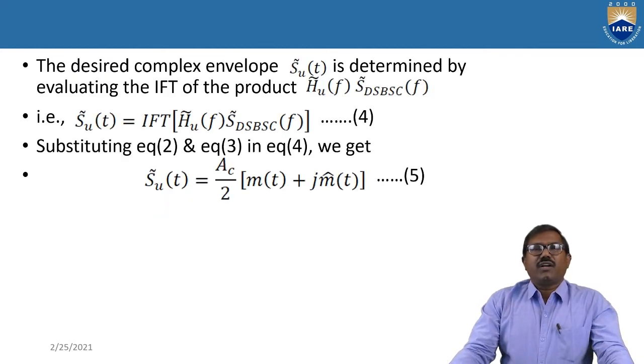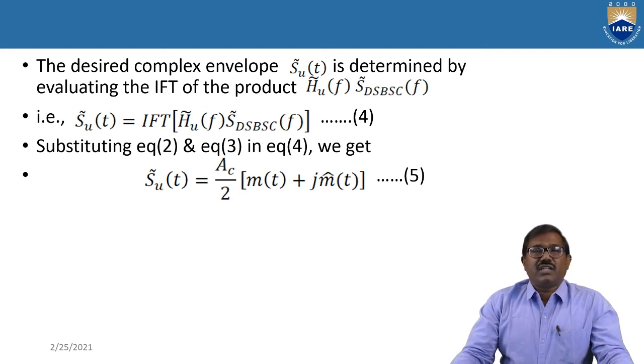Now the desired complex envelope s̃_U(t) is determined by evaluating the inverse Fourier transform of the product of H̃_U(f) and S̃_DSB-SC(f).